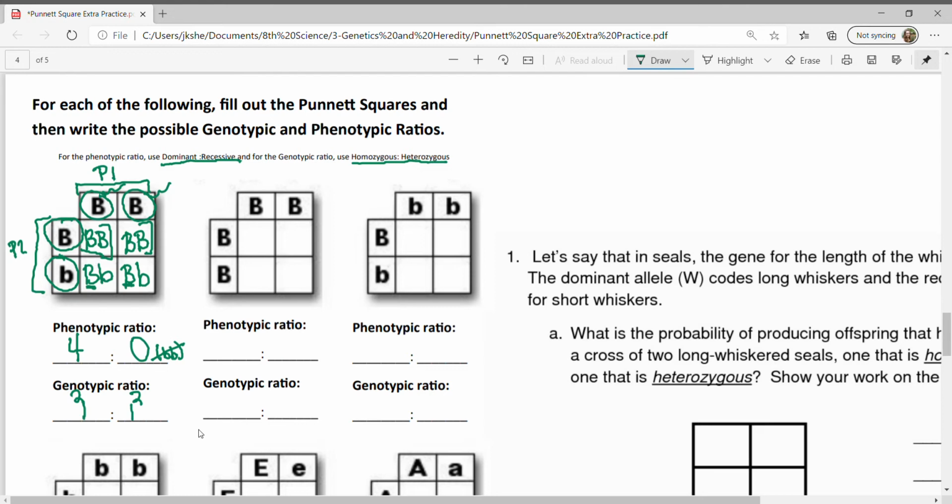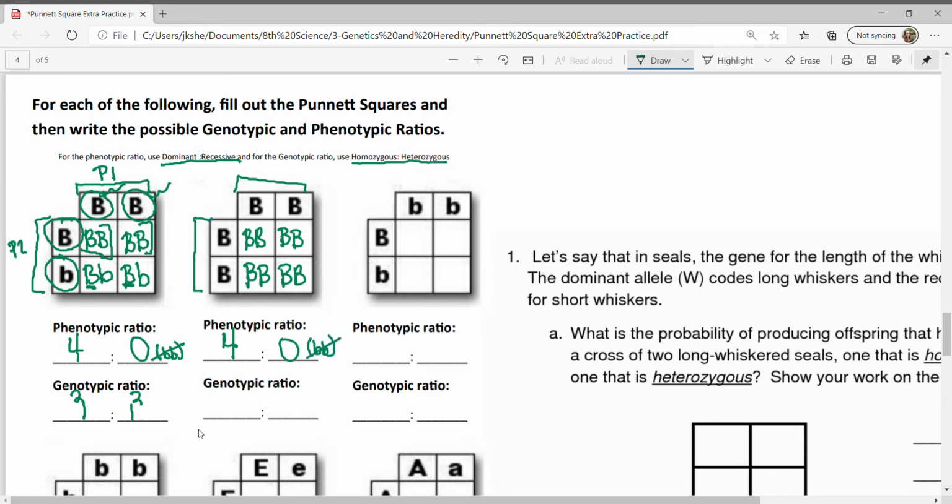The next section, we have homozygous dominant for parent 1 and homozygous dominant for parent 2. And so if we're bringing one allele down and one allele over for each of these possibilities, all of the offspring are going to be homozygous dominant, which means that we're still going to have 4 to 0 for our ratio of dominant to recessive, because remember, for recessive we're looking for that homozygous recessive, and we don't see that at all.